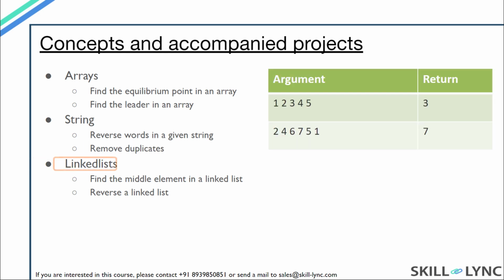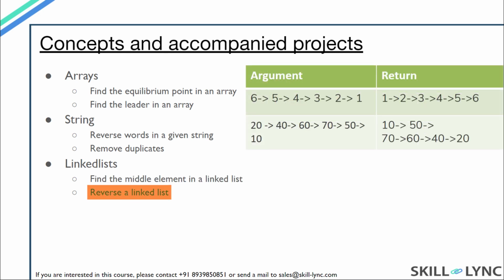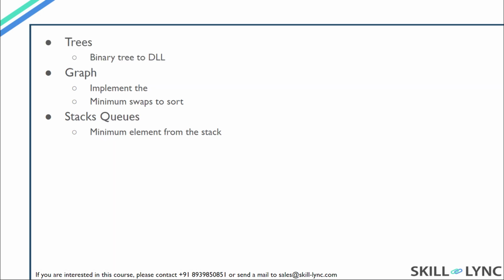A linked list is a type of data structure where the elements have a separate data part and an address part. Here, you'll use linked lists to identify the middle element, and then you will have to reverse another linked list. The next concept that you will learn under the data structure part of this course is the concept of trees.